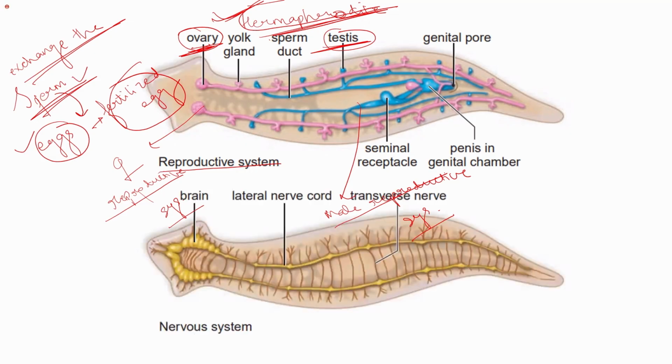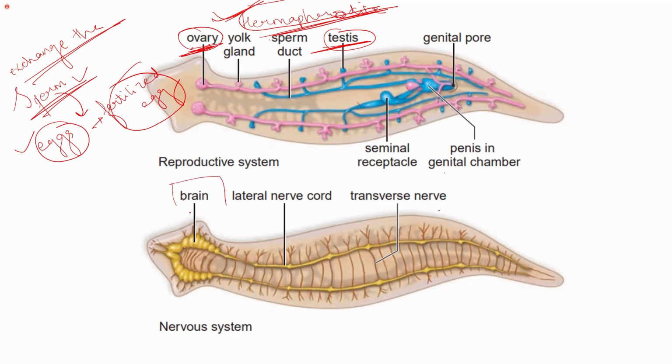As I told about the nervous system also, they have a well-developed nervous system. In this, they have a brain, they have lateral nerve cords, and they have transverse nerves. We see that the transverse nerves run all over the body.